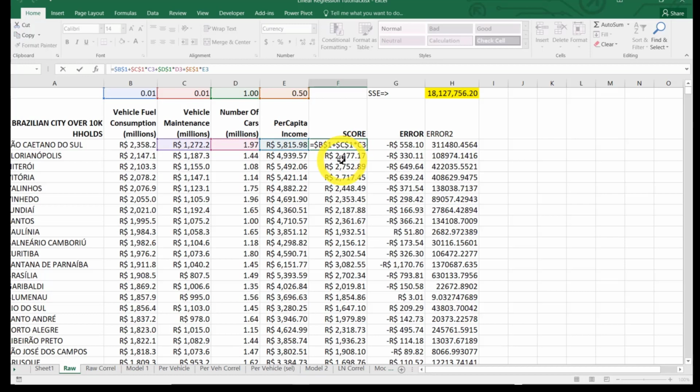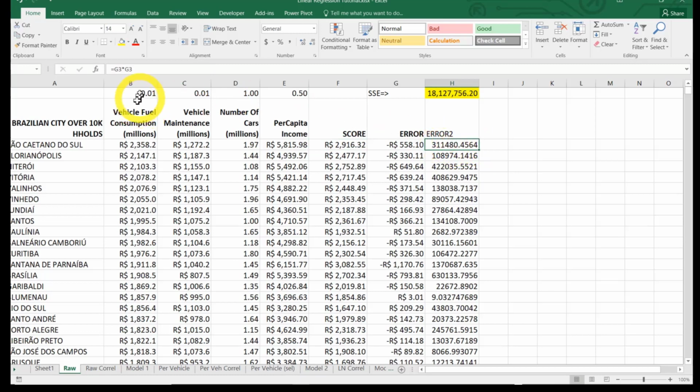That gives us the score, and that's the linear regression. So a linear regression is a linear combination of the predictors. And our goal is to figure out what should be those weights from B1 to E1 so that we get the smallest sum of squares. And that's why the algorithm or the tool that estimates a linear regression is called ordinary least squares.